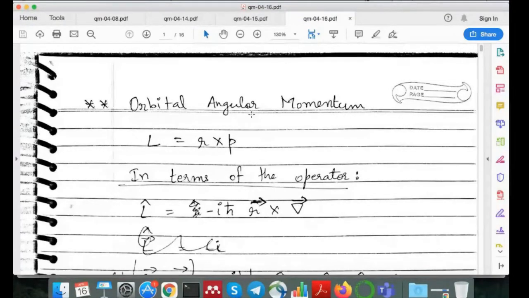For example, if you consider the Earth, the orbital angular momentum of the Earth would be that it is rotating around the sun. Since it's going around the sun, that is your orbital angular momentum.